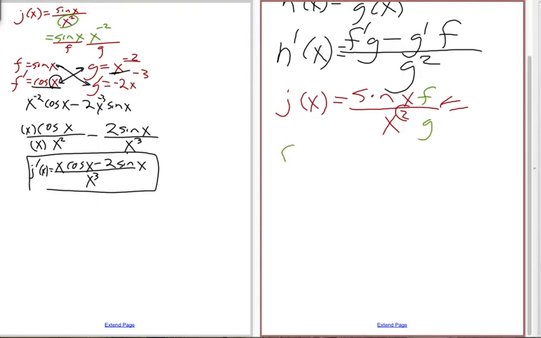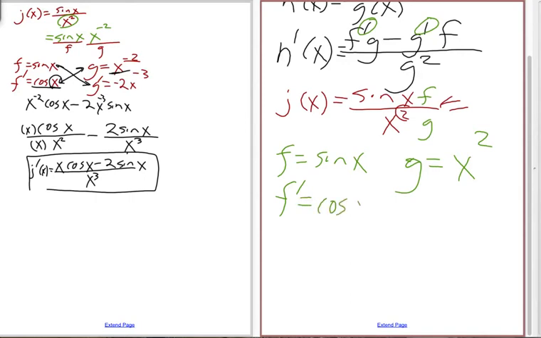So f is sine of x, g is x squared. Now I take the derivatives, because again I need the derivatives of both of these. So f prime is cosine of x. The derivative of g is, well, 2x.